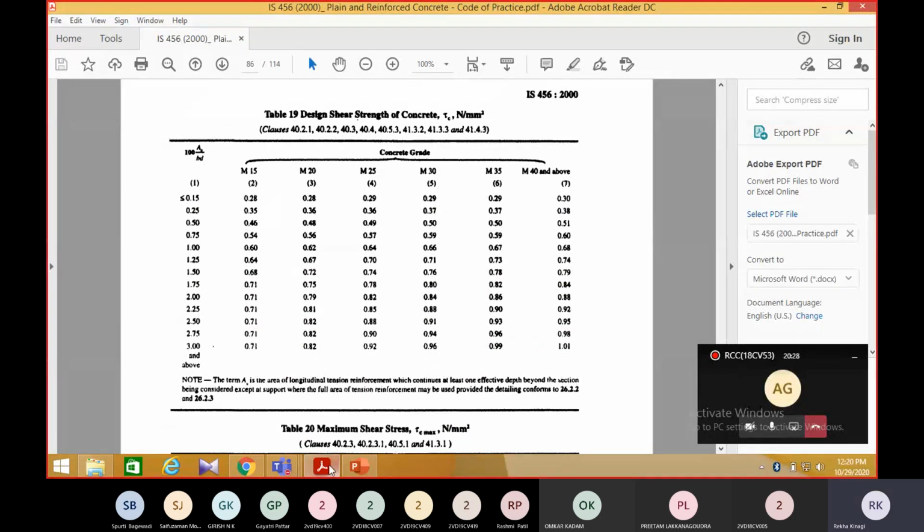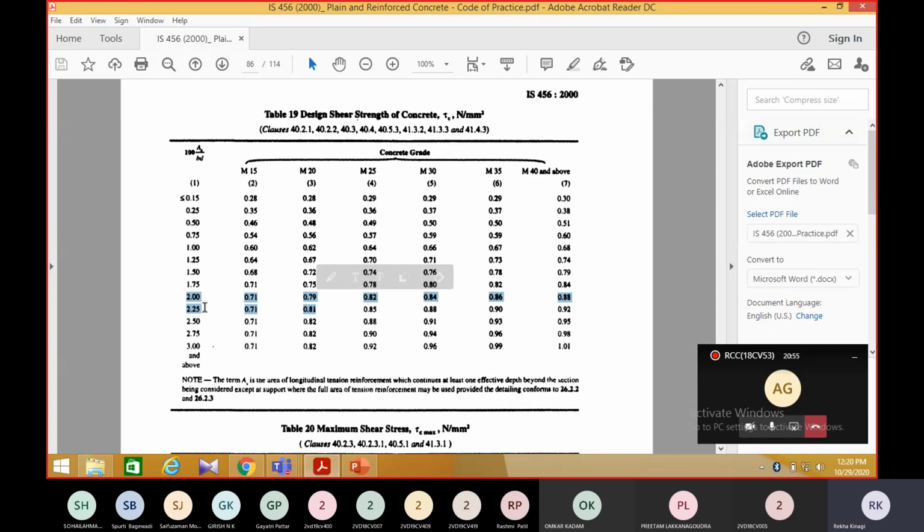Okay, here in the table 19, we have for M20 grade of concrete and for this 2.24 percentage of steel, it lies between 2 and 2.5. So for M20 grade concrete, the value has to lie between 0.79 and 0.81.